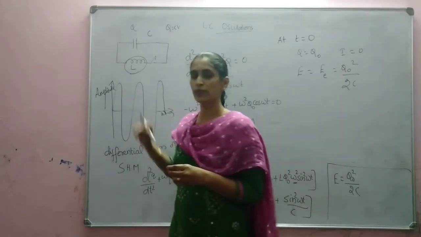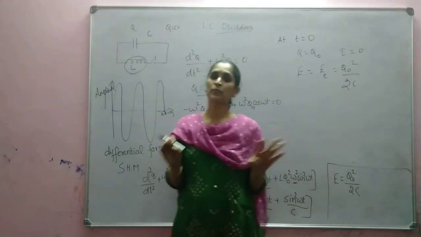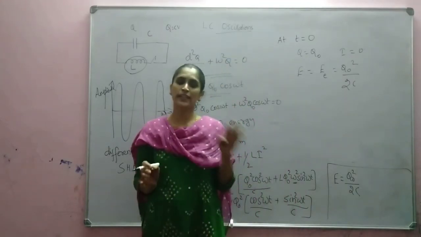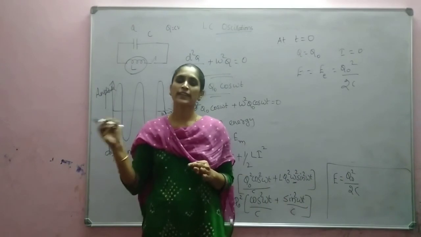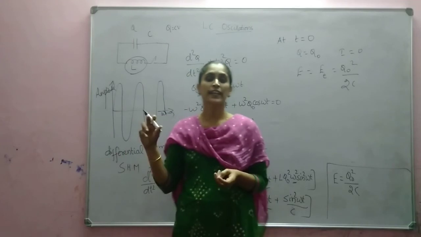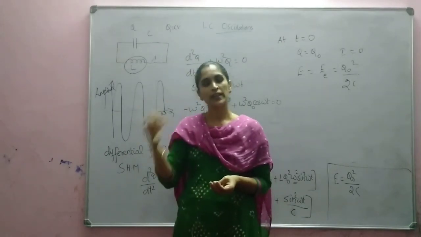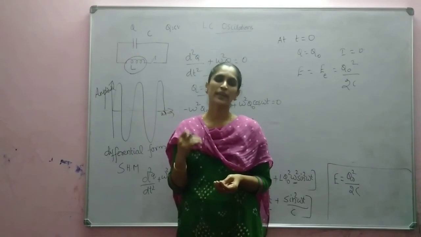That's why the amplitude will not be the same. And if we consider that it is ideal, purely inductive, no resistance at all, then also electromagnetic radiations will be emitted. Oscillations are produced because of which radiations will be emitted. Hence the amplitude will be gradually decreasing.